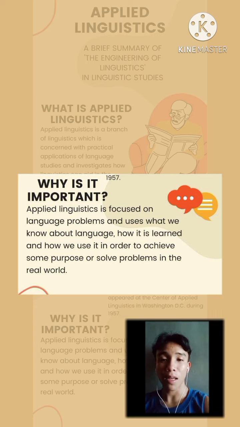Applied linguistics is more on the application of language, like how you speak or how you use language in general, and it seeks to make language better so that we can all understand each other and we can all live in a better place.